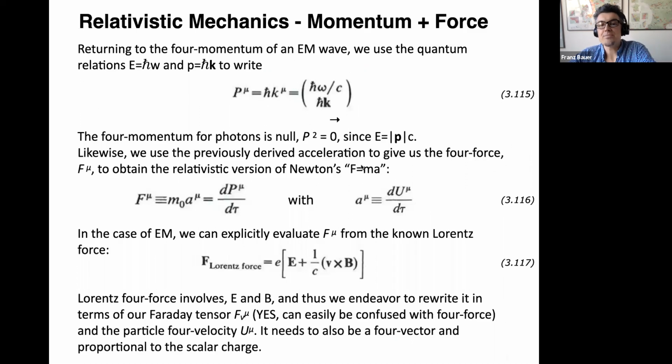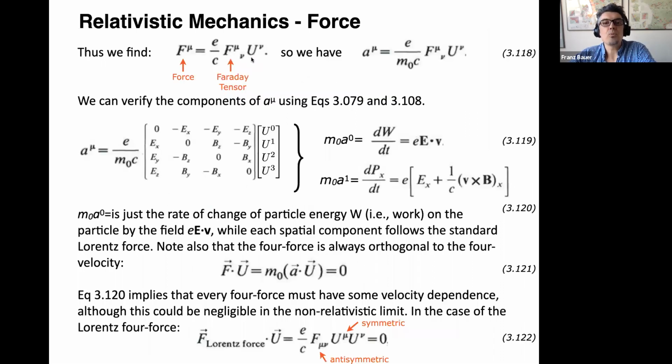Just taking F equals ma and our Faraday tensor, and we have this u. And so in this derivation, the acceleration would be comparable to the Faraday tensor acting on our velocity component, with some constants.